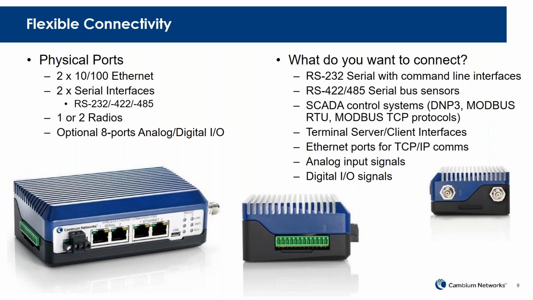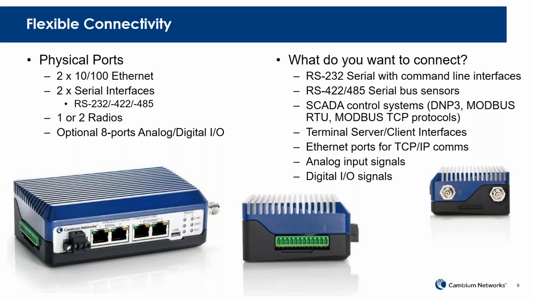From a protocol standpoint, you can connect to anything with a serial port, anything that's running a SCADA control system, perhaps using Modbus or DNP3 or any of the other control system protocols, because they pass through the radio transparently as a layer 2 IP device. We can also do things like Modbus RTU to TCP conversion.